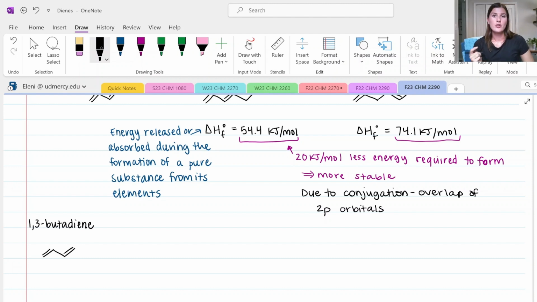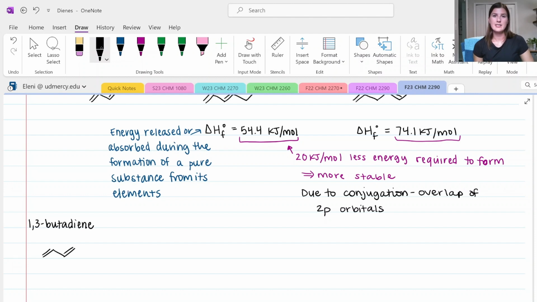One thing you should remember from Organic Chemistry 1, and I'll expect you to remember, is being able to identify the hybridization of different atoms in different molecules. And so we do that by counting electron-dense areas. Each carbon in 1,3-butadiene has 3 electron-dense areas. It has 1 double bond and 2 single bonds.